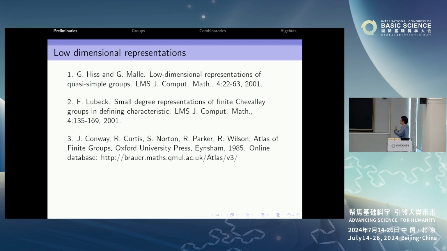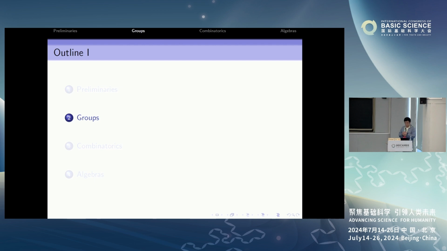The last one to mention is the Atlas of Finite Groups. There is an online version, so you can find an online database that includes thousands of specific representations. Okay, those are the facts that we will use about classical groups.